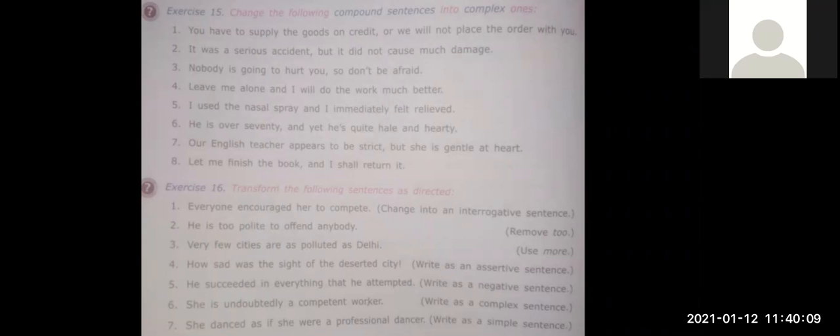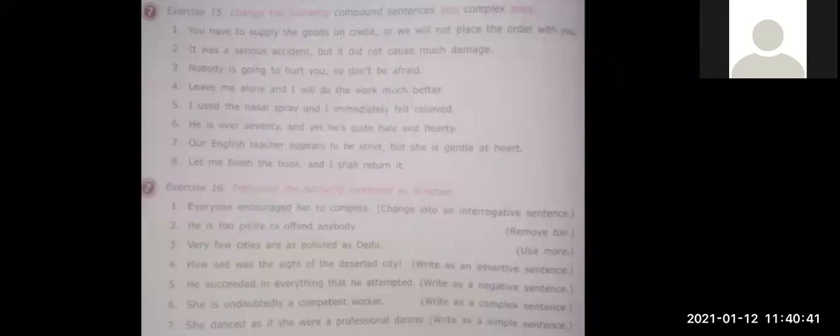First sentence: you have to supply the goods on credit, or we will not place the order with you. Which one can become the coordinate clause to be converted into a subordinate clause? The first one. The first one, you have to supply the goods on credit, we will make it with if.